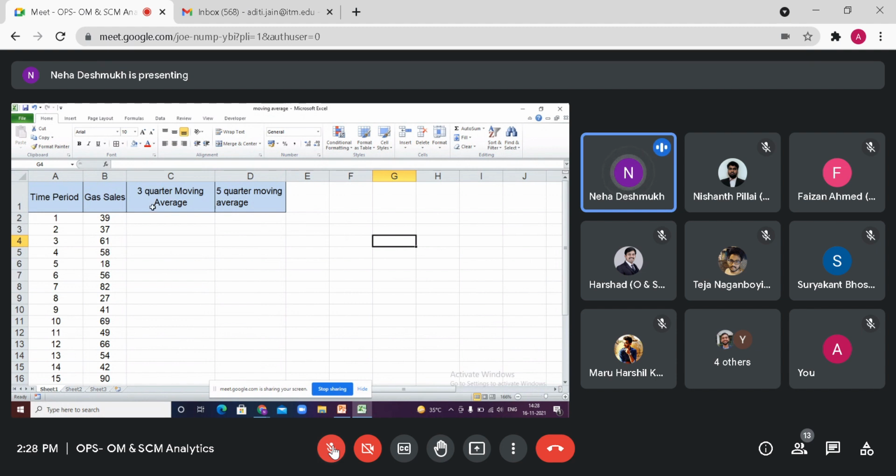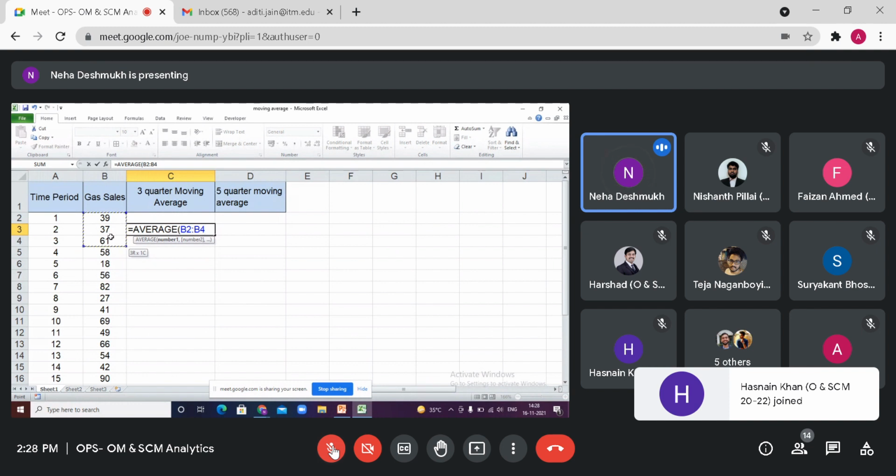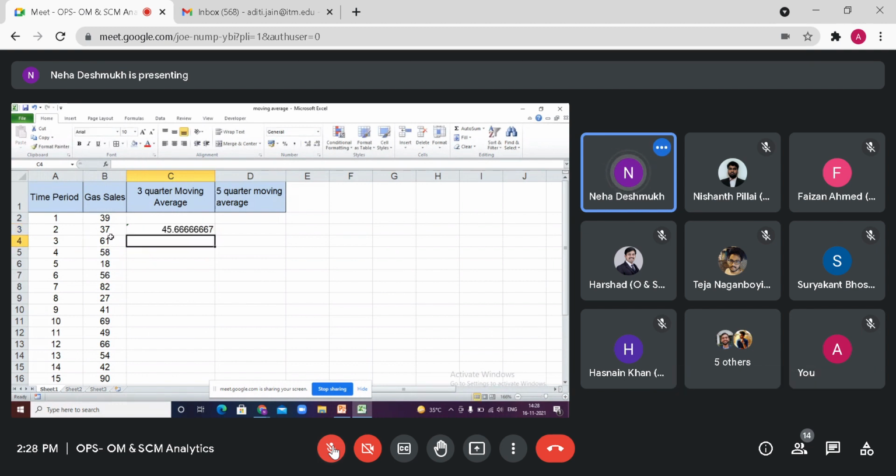Three quarter moving average is calculated by the average of the first three numbers, and we write that average in the second row of the three quarter moving average column, from the second time period.